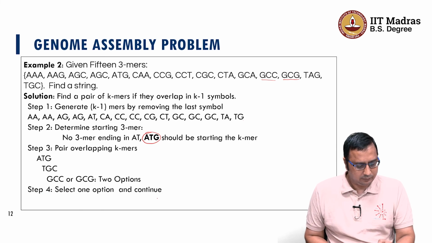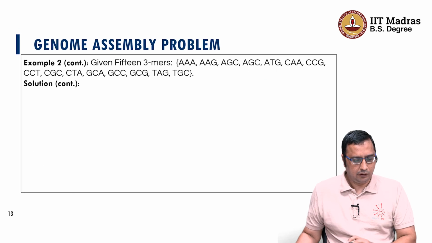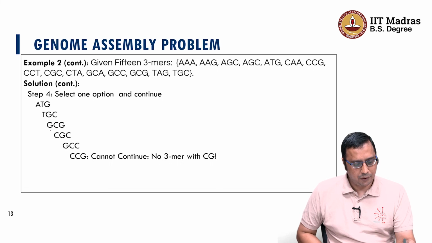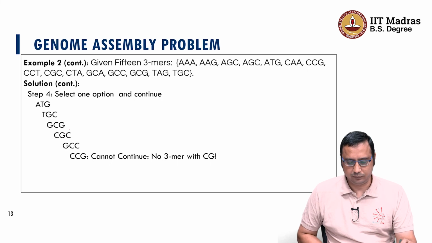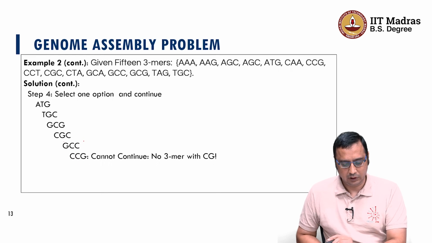So I selected one option and continued with GCG, then the next one to add is CGC, then again it comes as GCG and I have to add GCC, then I add CCG.